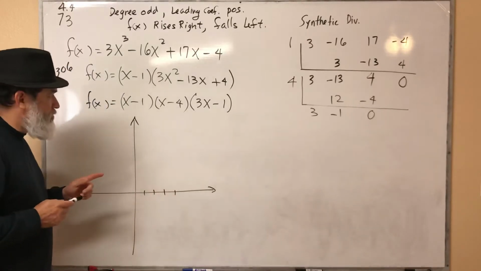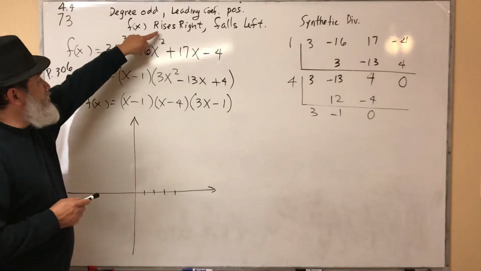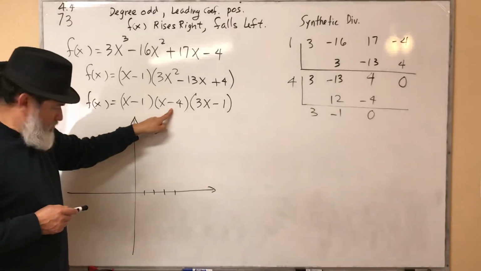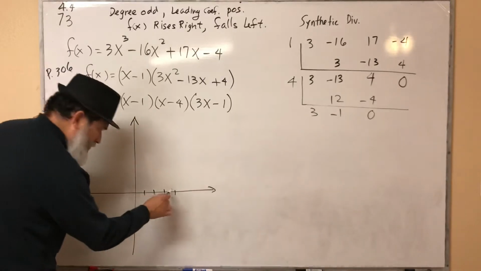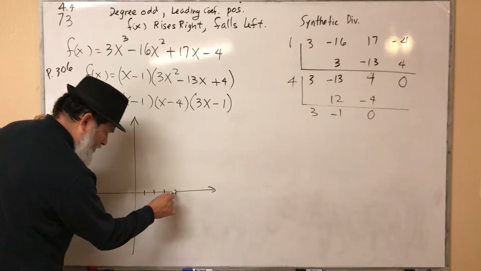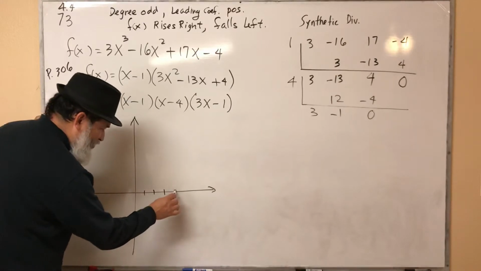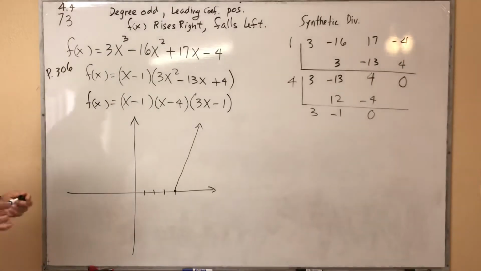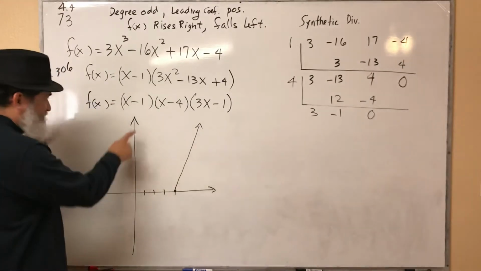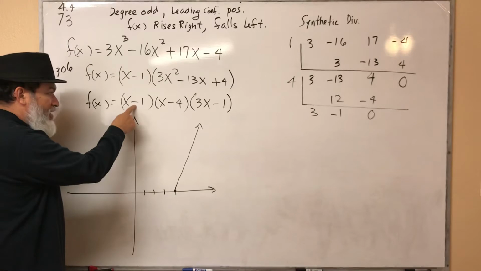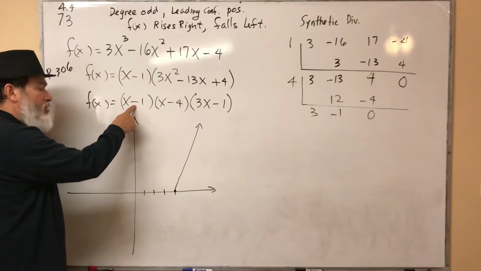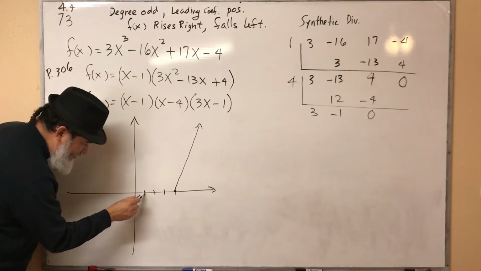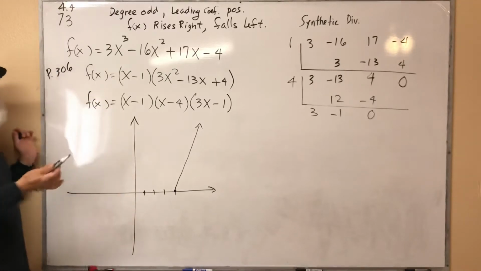And note, it rises right, and this is the largest 0, at 4. It's a 0. It rises right. At x equals 1, another 0 right there. These are the only zeros.